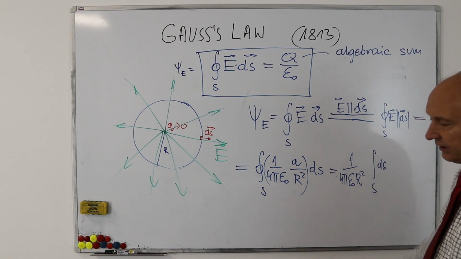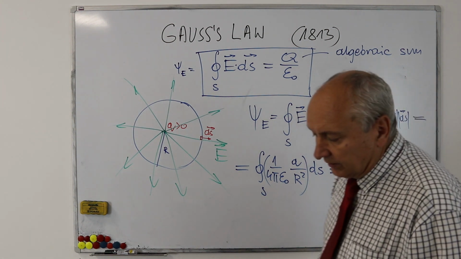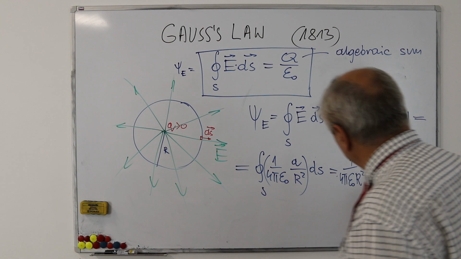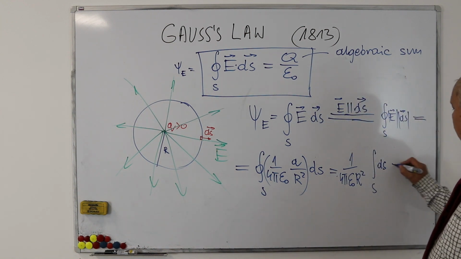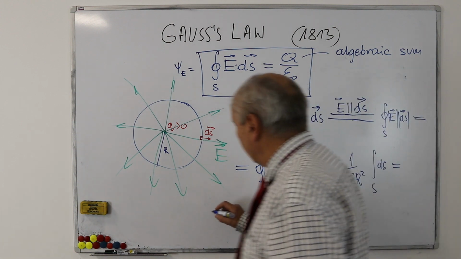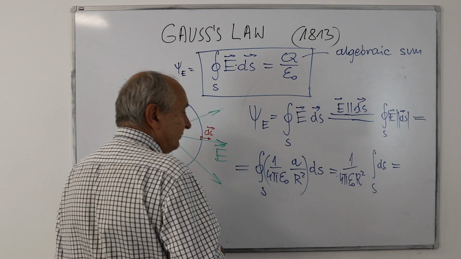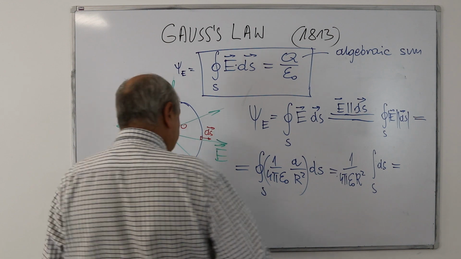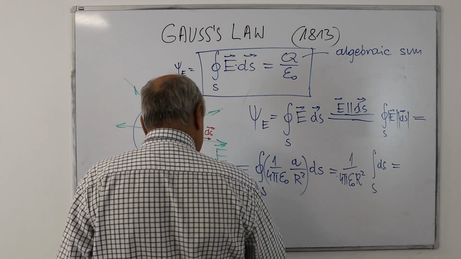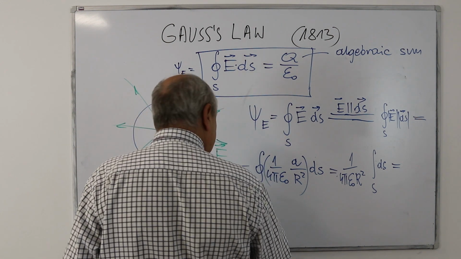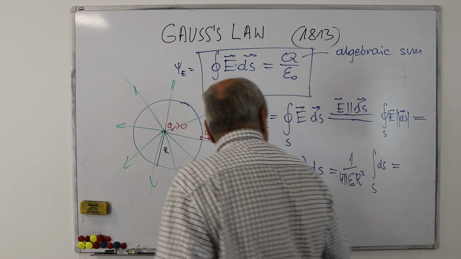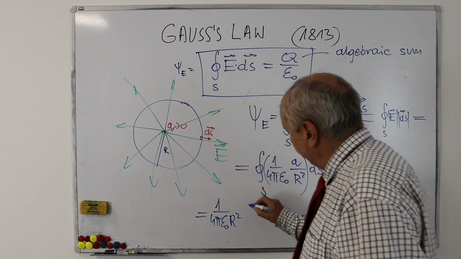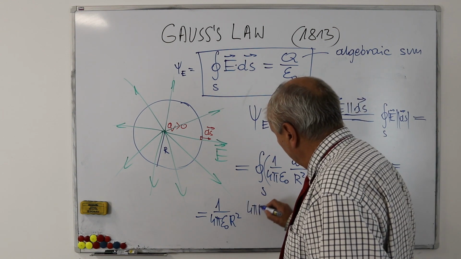This is a unit integral. In a unit surface integral, the result is the surface. And I believe that you know the value of the surface of the sphere, so I at once write the result. And here I will write 4 pi r squared.